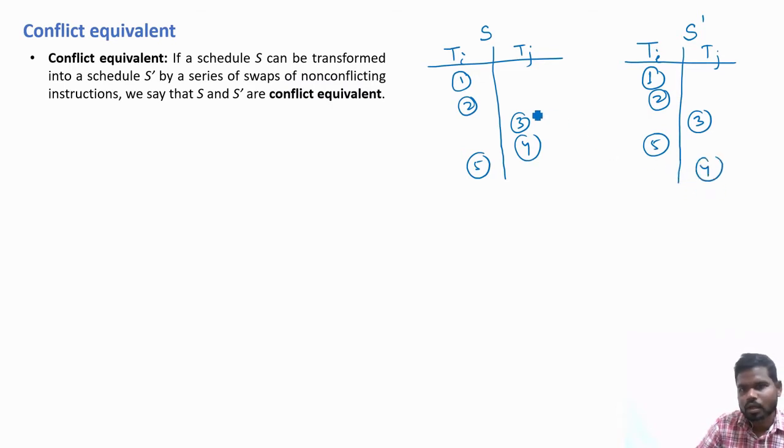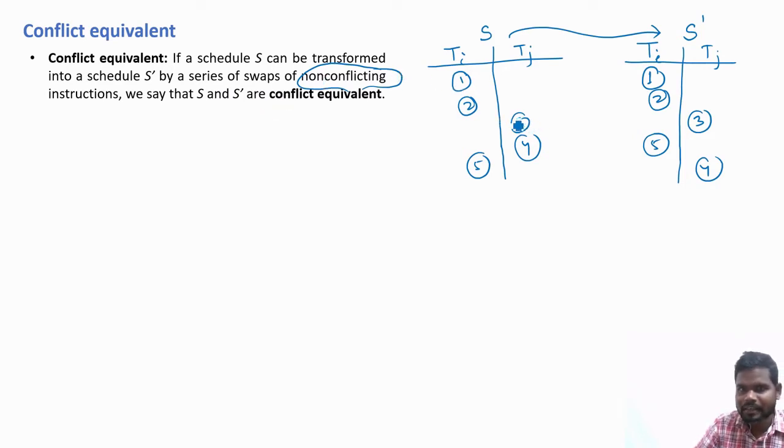So if we can transform schedule S to S dash by a series of swaps of non-conflicting instructions, then we can say that S and S dash are conflict equivalent.